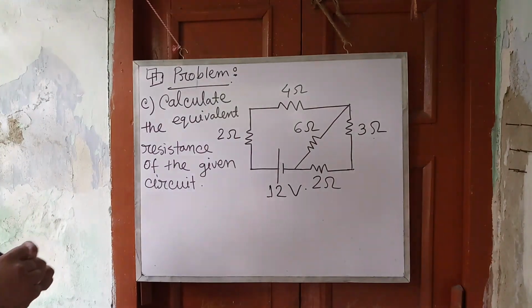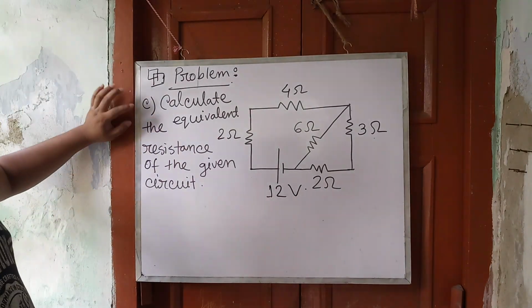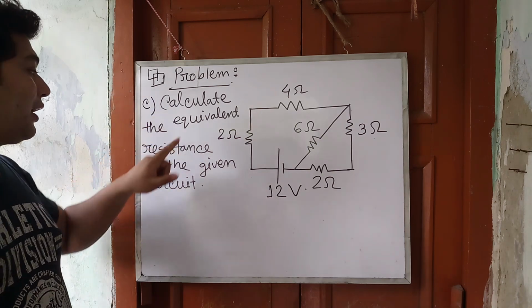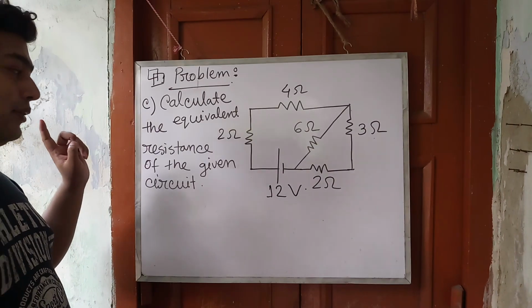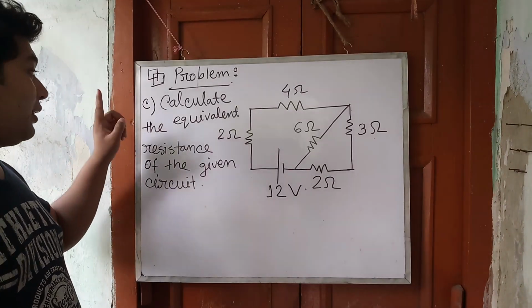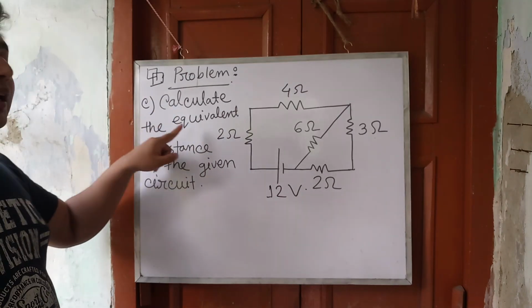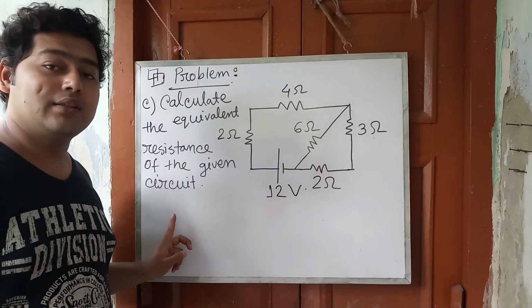Then our question number C is: calculate the equivalent resistance of the given circuit.